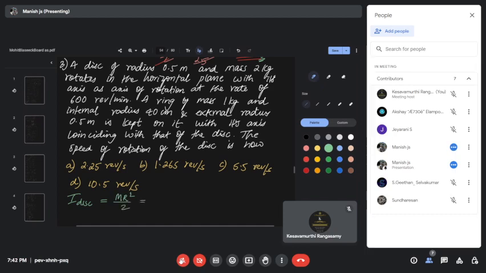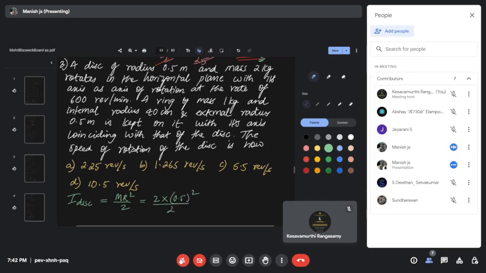So what is the mass? The mass is given in the question, it is 2, and the radius is also there in the question, 0.5. So 2 times 0.5 whole square upon 2.